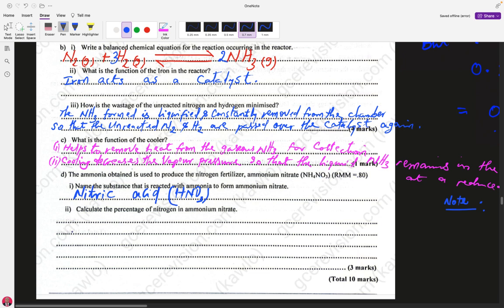So the percentage of nitrogen by mass over the salt, ammonium nitrate, times 100, is 28 divided by 80 times 100, which gives 35%.